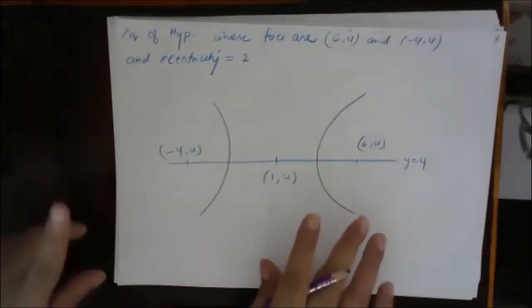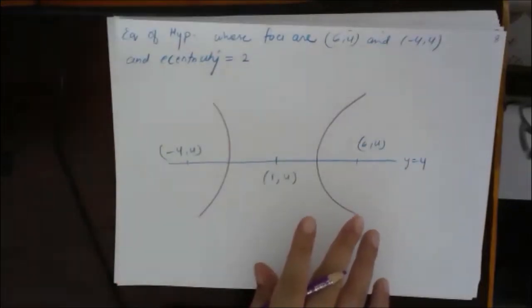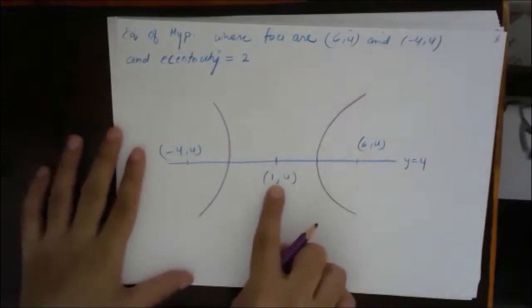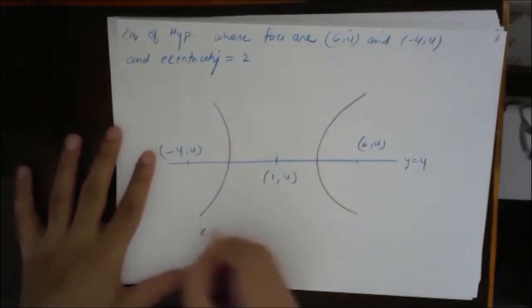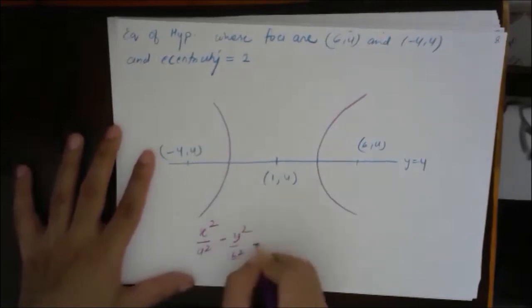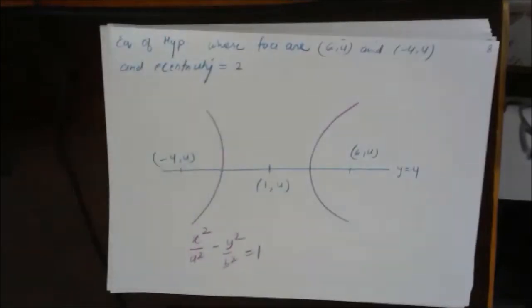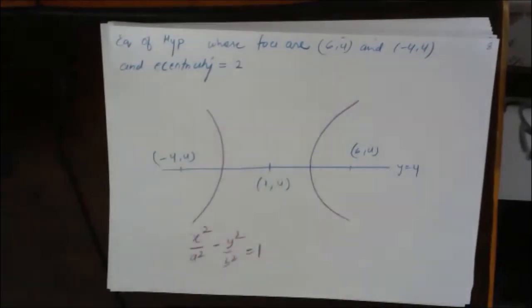Now suppose this was 0 comma 0, then the hyperbola would simply be x square by a square minus y square by b square is equals to 1. That would be the simple equation of the hyperbola if the center was 0 comma 0.